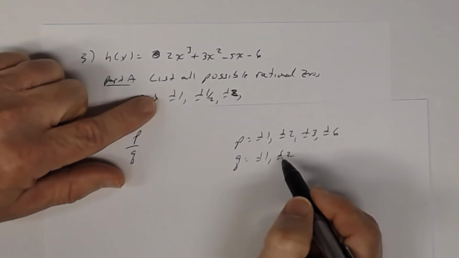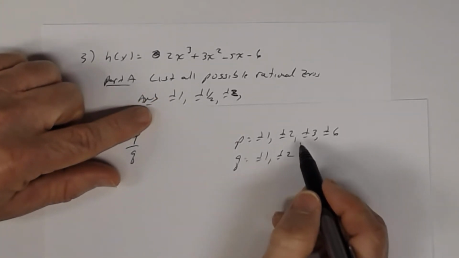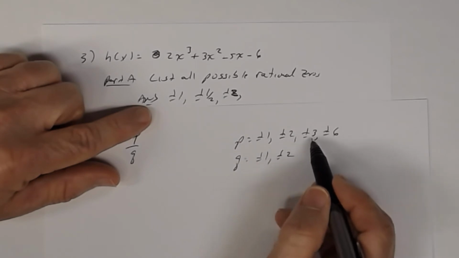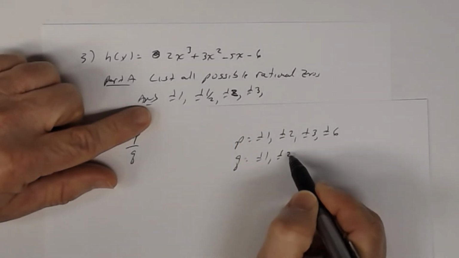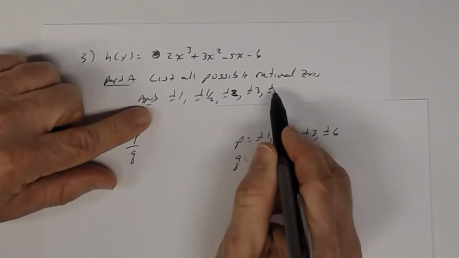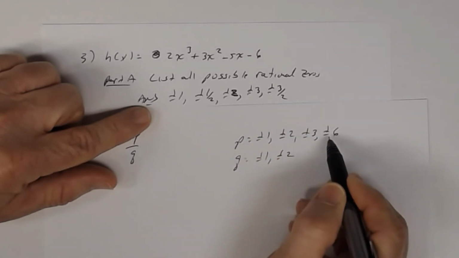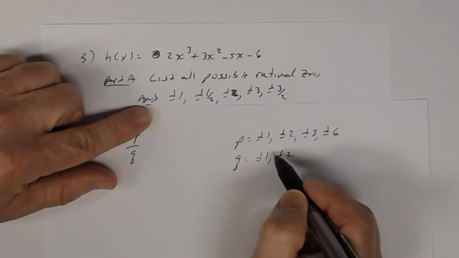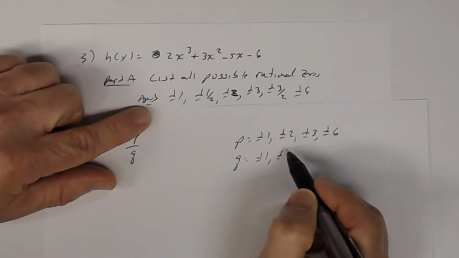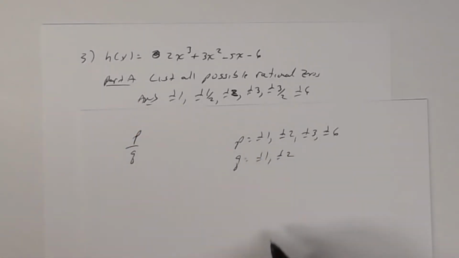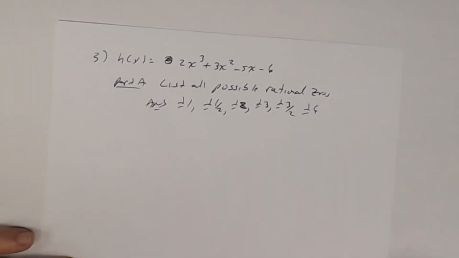Then we do 3 divided by 1, which is plus or minus 3. 3 divided by 2 is plus or minus 3/2. And then do the 6. 6 divided by 1 is plus or minus 6. And then 6 divided by 2 is 3. We already have it listed right here. So those are your possible rational zeros.